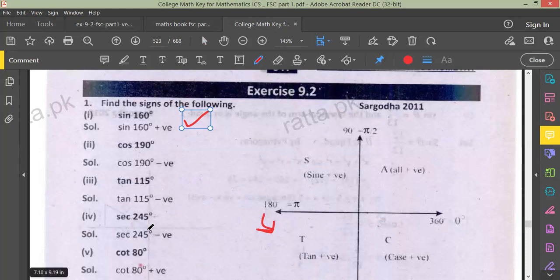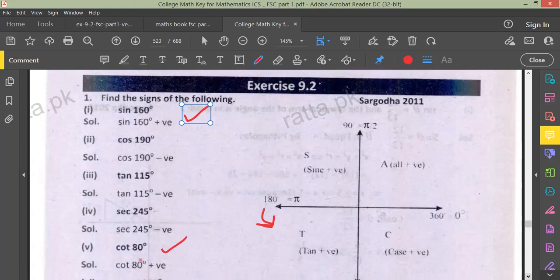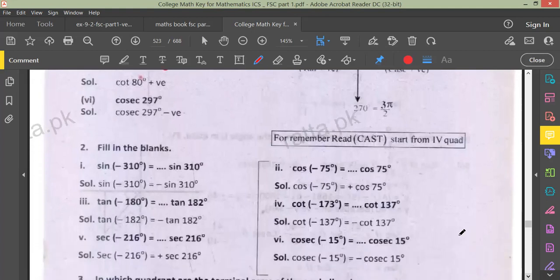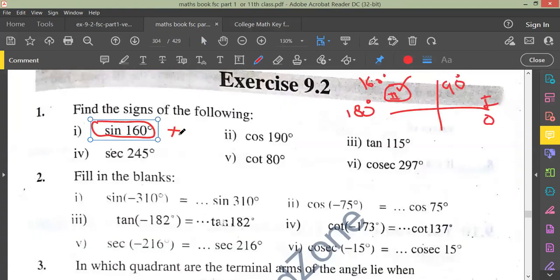Secant 245 is in the third quadrant, where secant is negative. Similarly, cot 80 is in the first quadrant, and all the trigonometric ratios in the first quadrant are positive, so cot 80 will be positive. Similarly, cosecant 297. So this is our first question.